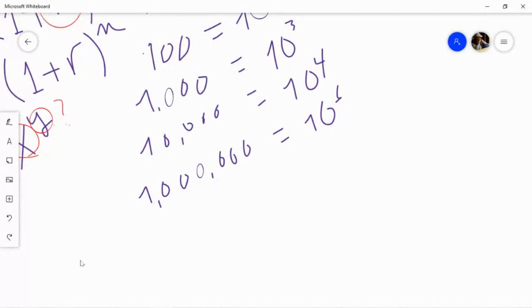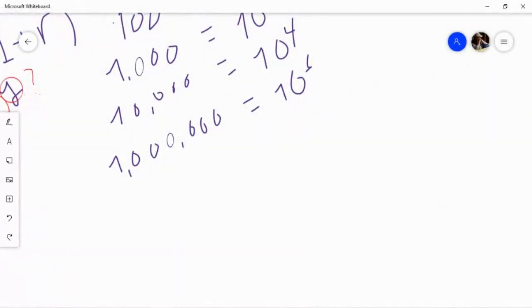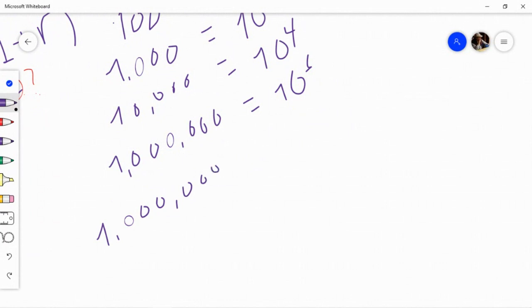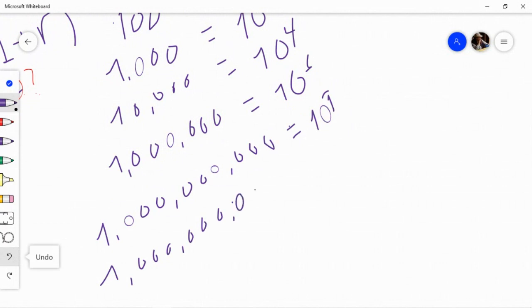And 1 billion is 10 to the ninth. And then 1 trillion: look at all those commas, every 3 digits you have a comma.